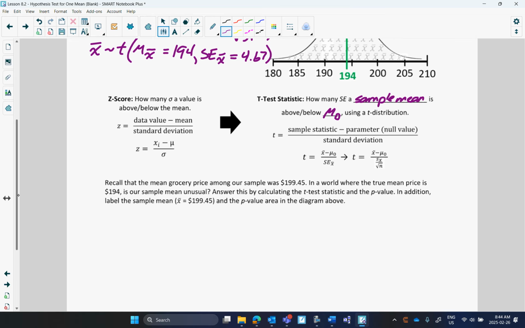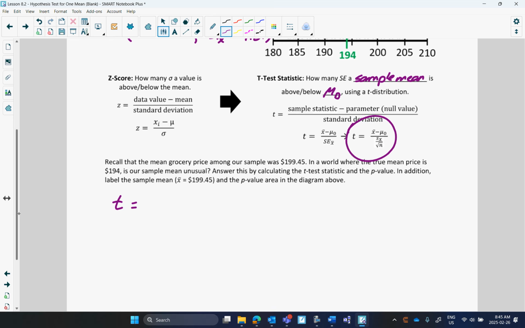So that means we're going to use this. To find the t-test statistic, we are going to take our sample mean, our data value, minus the null mean, 194, divided by the standard error, which we calculated above as 4.67.